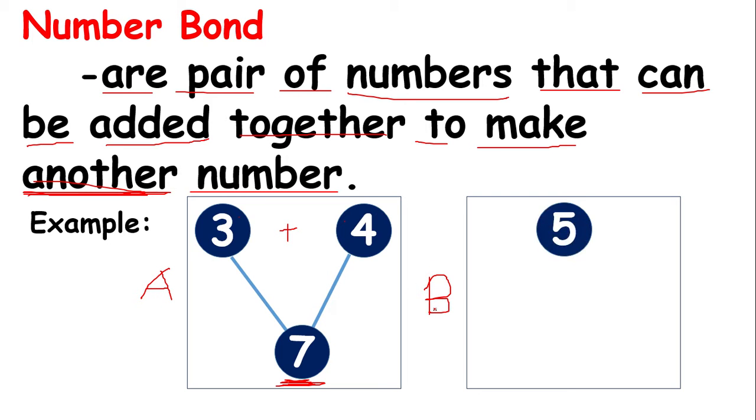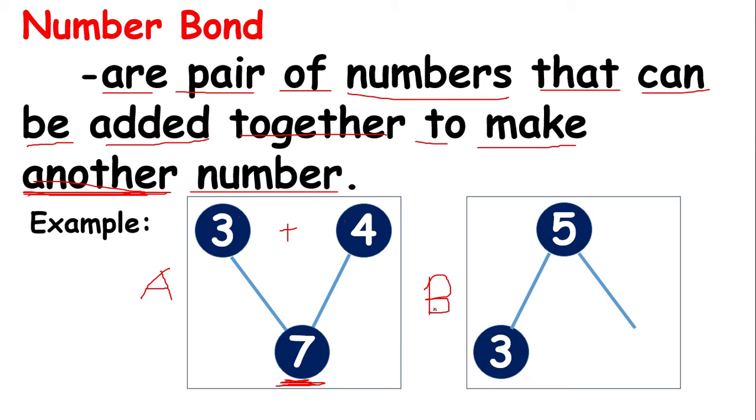Let's go to box B. In box B, we have here 5. Oh, the number 5 is lonely. So the number 5 is a whole number, and we are going to look for numbers that, if you add them together, will make 5. Let's guess a number. Let's put 3 there.